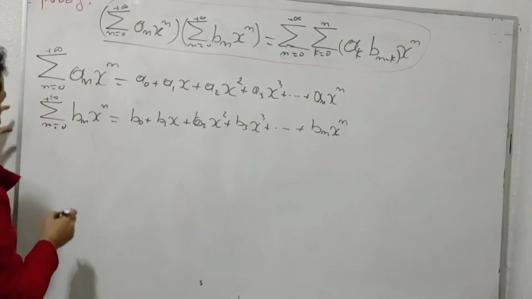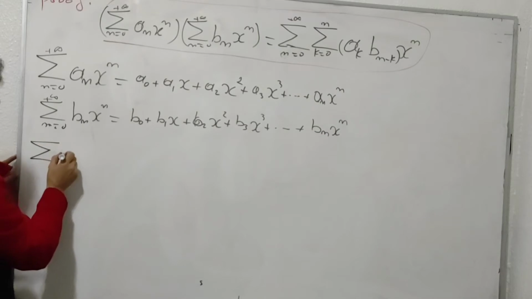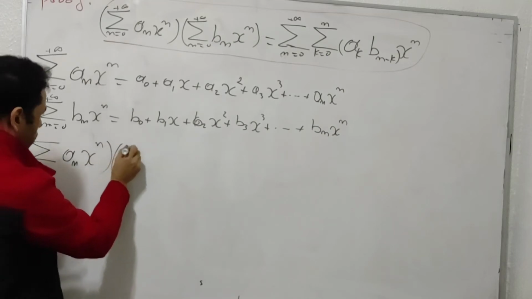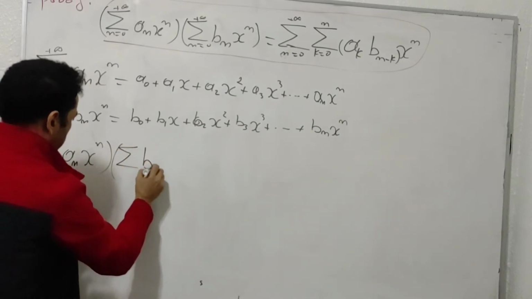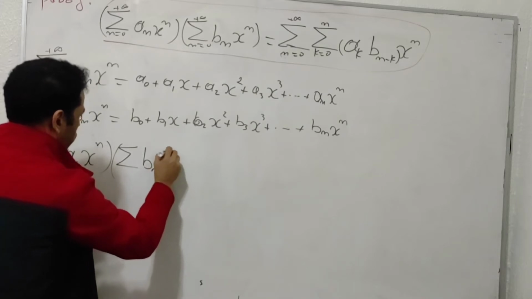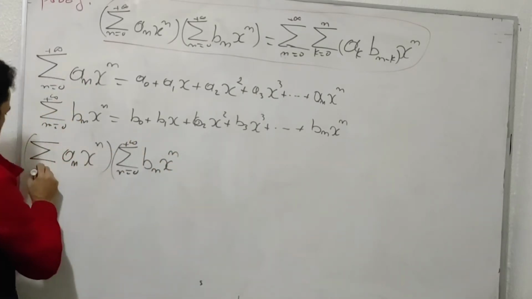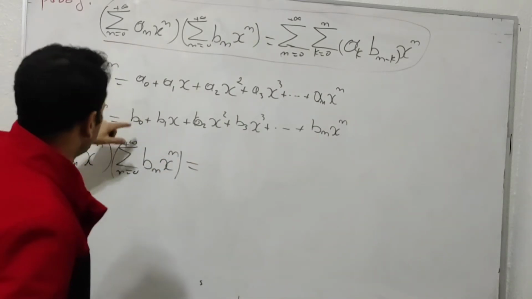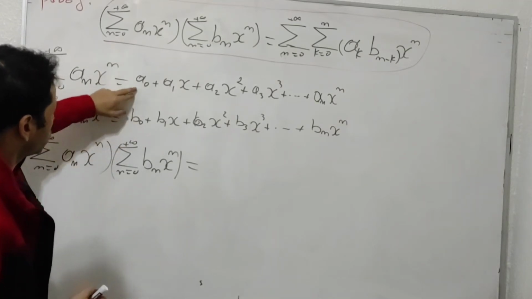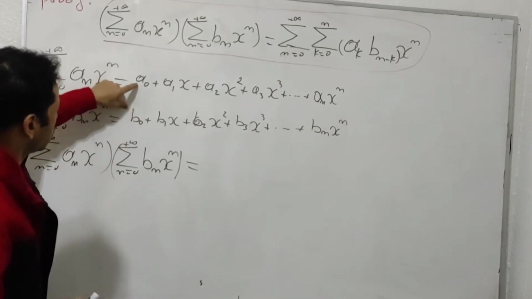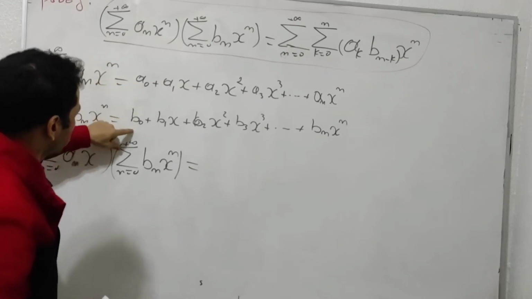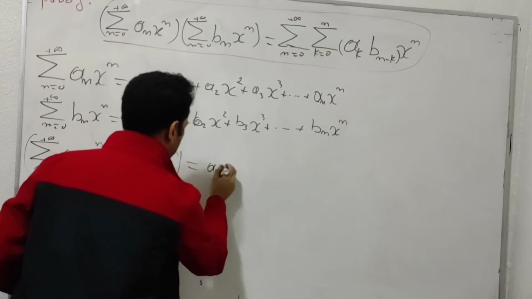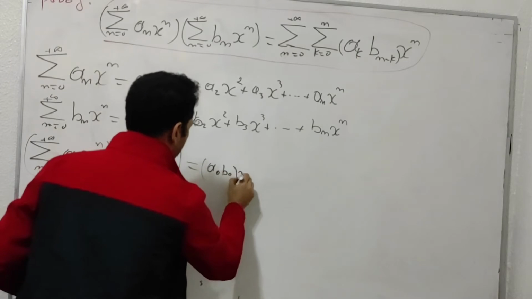Now I'm going to do the product of this one. So the product of the power series A sub n x to the n multiplied by another power series B sub n x to the n, as n goes from 0 to plus infinity. If you take a look, when you apply the product on the first term, we have only one way to calculate: the product of A sub 0 and B sub 0. So the first term is A sub 0 times B sub 0 times x to the 0.